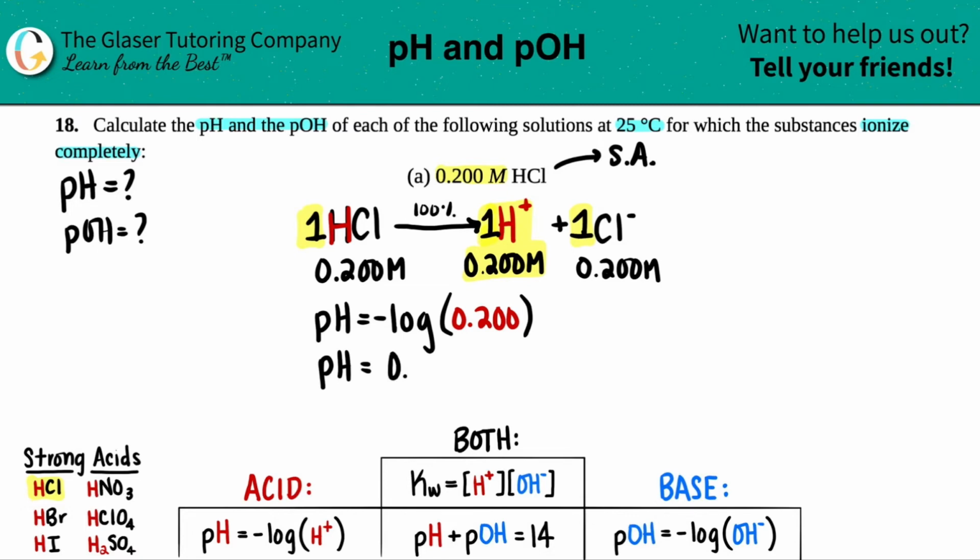But in this case, there's no number in front, so this would just be 0.699. Whoa. Super, super acidic. So pH, check. Now we just have to find the pOH. And by the way, there are no units for pH and there are no units for pOH, they're just numbers.